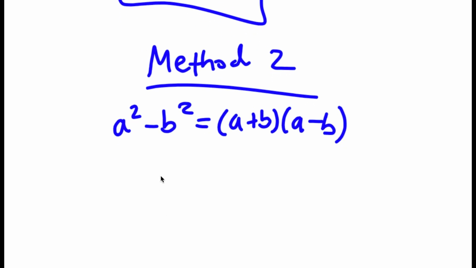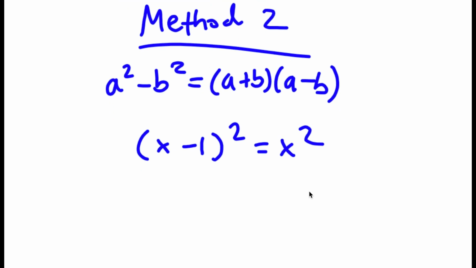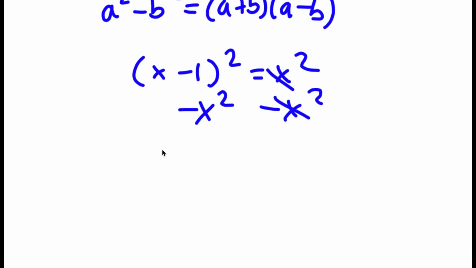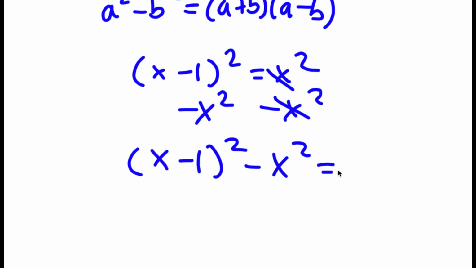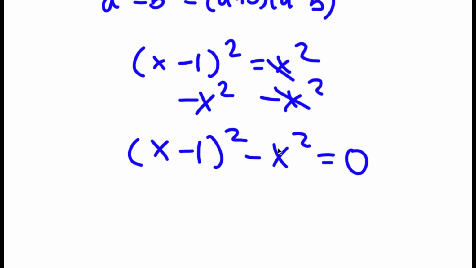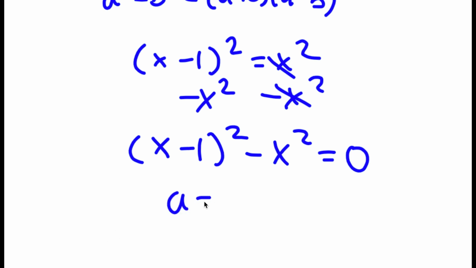So our equation is x minus 1 squared is equal to x squared. So I can actually subtract x squared on both sides. So now I have x minus 1 squared minus x squared is equal to 0. And now notice how this is in the form a squared minus b squared. A is x minus 1 and b is x.